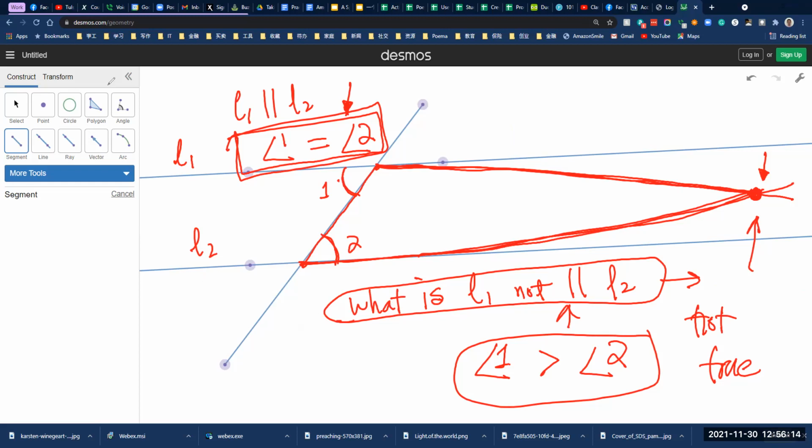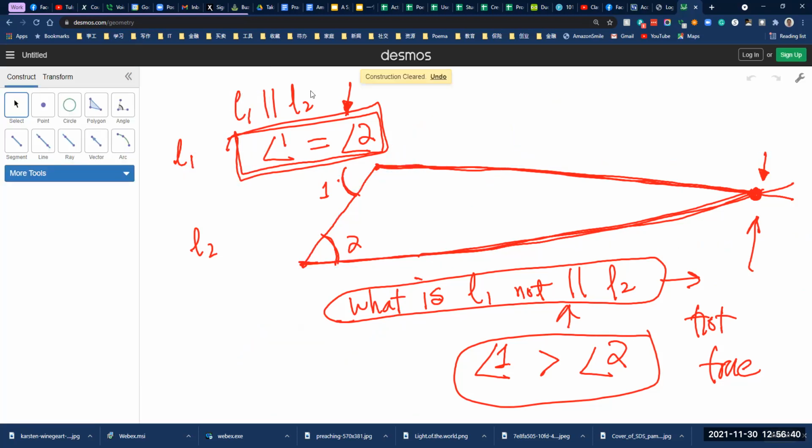And then the last theorem is the other way around. We don't have to prove it, but you can do it. Okay, let me go back and construct a new one.